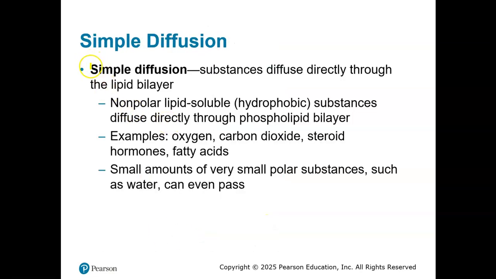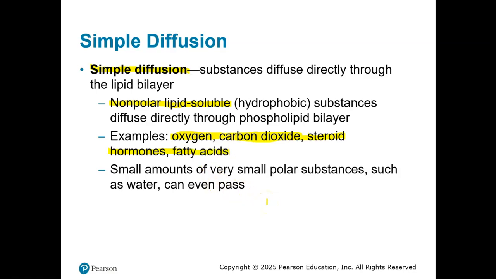Examples of molecules that move across the plasma membrane by simple diffusion are, again, nonpolar, lipid soluble, hydrophobic molecules, including gases like oxygen and carbon dioxide, and lipids like steroid hormones, cholesterol and fatty acids.